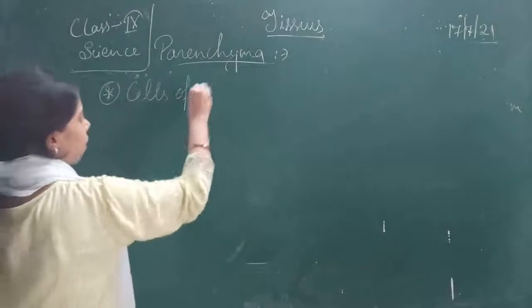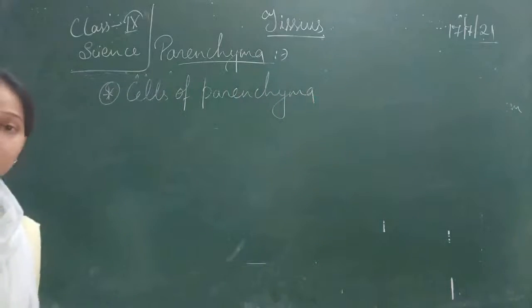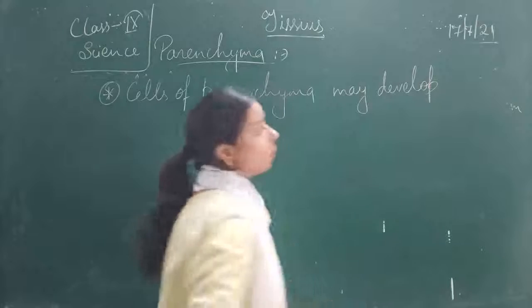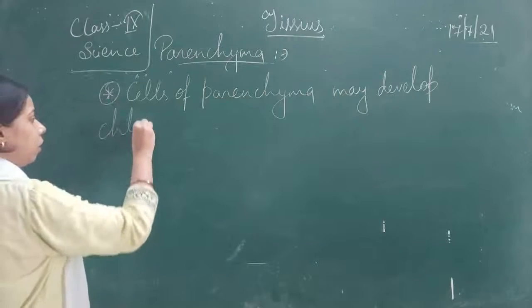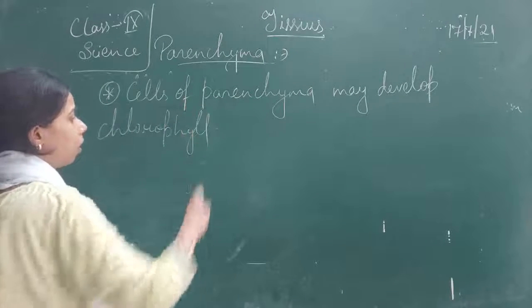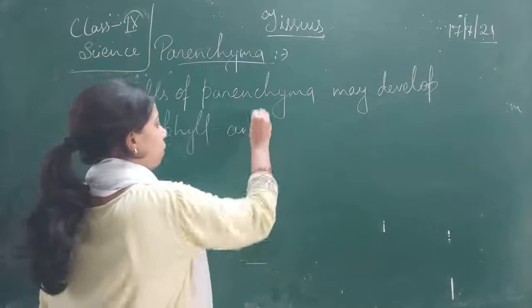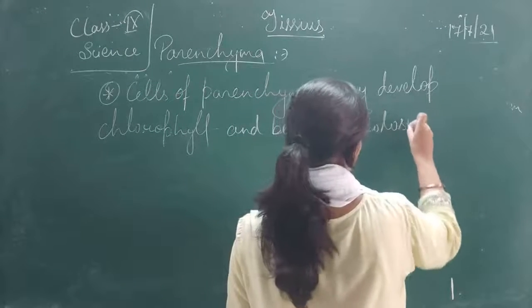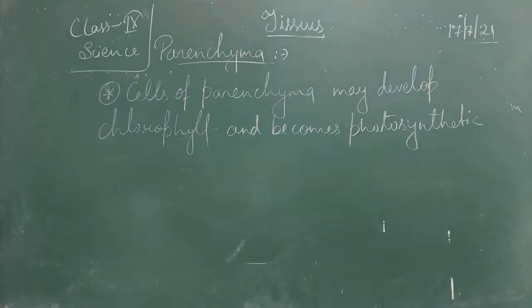Cells of parenchyma may develop chlorophyll and become photosynthetic.